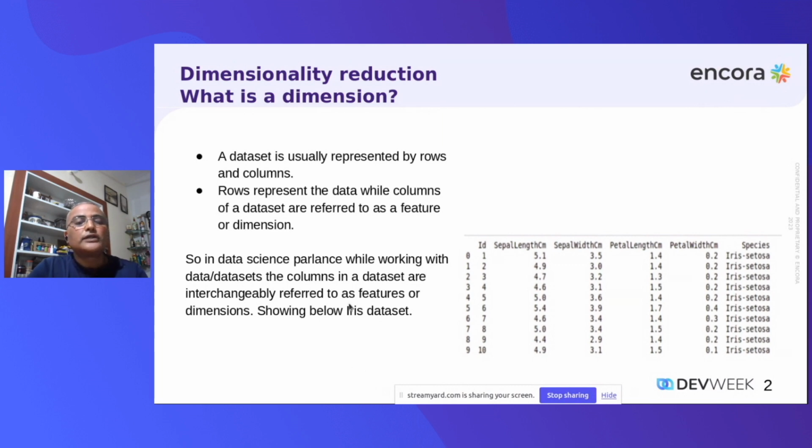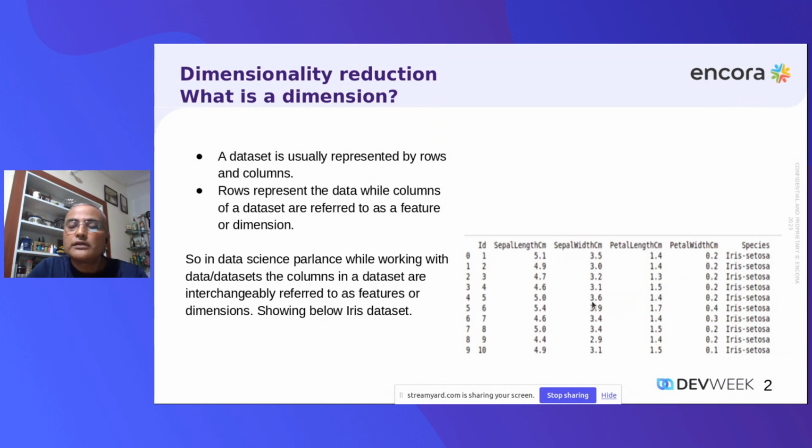So here, what we are showing is a simple data set. What is basically a dimension? A dimension is nothing but a column. Here we see ID as a column, the sepal length, the sepal width, the petal length, petal width in centimeters, and the species.